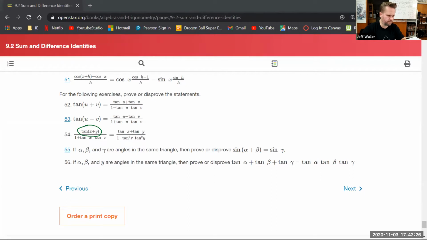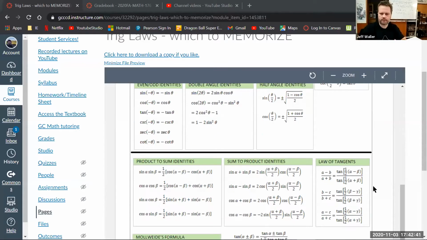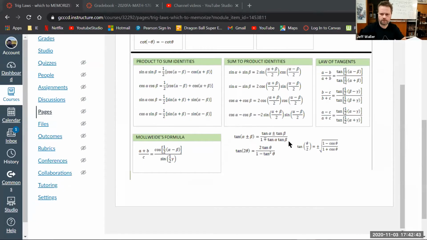Let me see. All right, where is it? There it is. Okay. Here we go. All right, here's the tangent there. Do you see how that looks a lot like the form of the answer? That one doesn't look like it's very difficult then. I don't mean to make you feel bad if you had trouble with it.